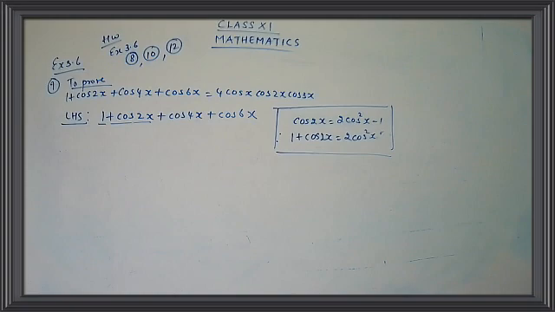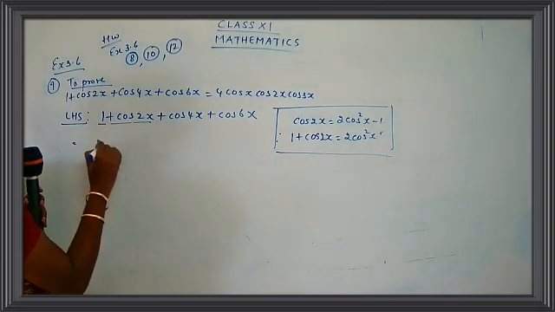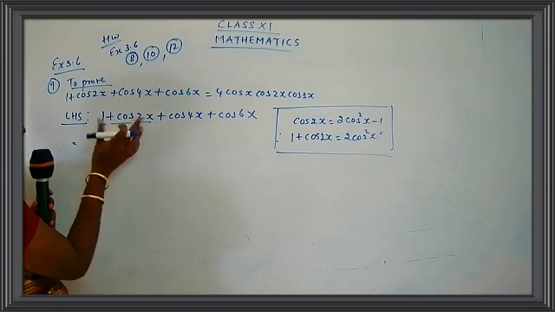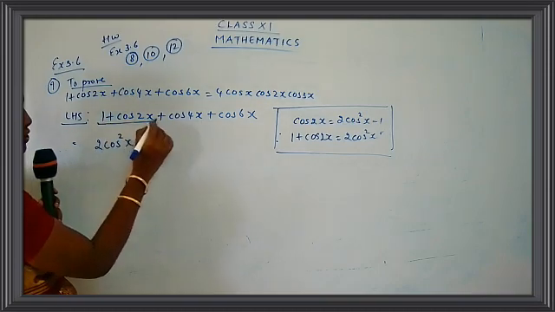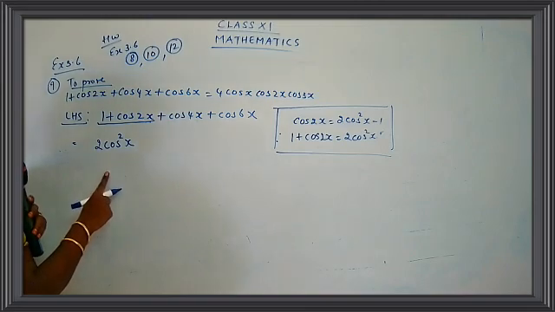So what is the value for 1 plus cos 2x? It is equal to 2 cos square x. Clear, children? Okay. Now I'm just going to replace the value over here. So this part, that is 1 plus cos 2x, is written as 2 cos square x. I hope you people are clear with this.